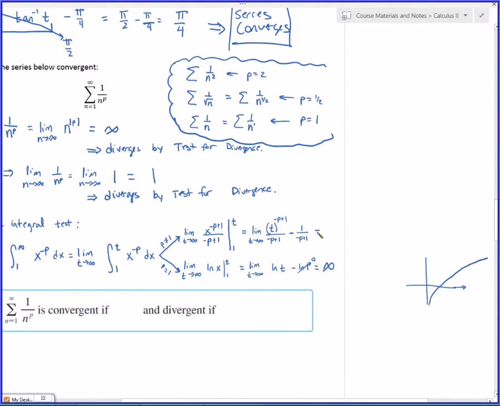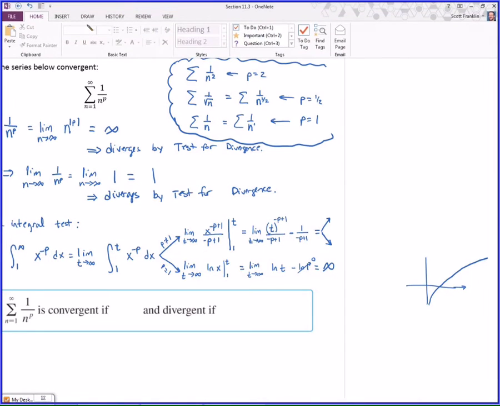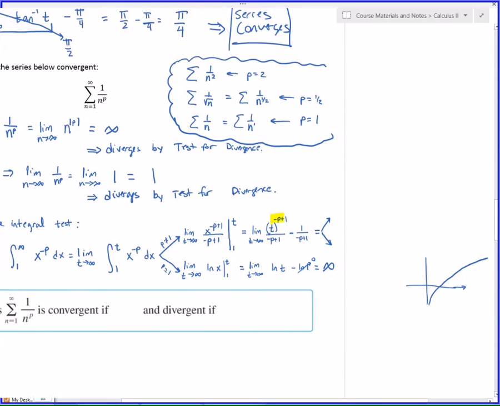Now what's happening up here is actually two different things. Essentially, this constant right here is insignificant. The denominator down here is insignificant. What you really care about on this guy is what's happening right here.